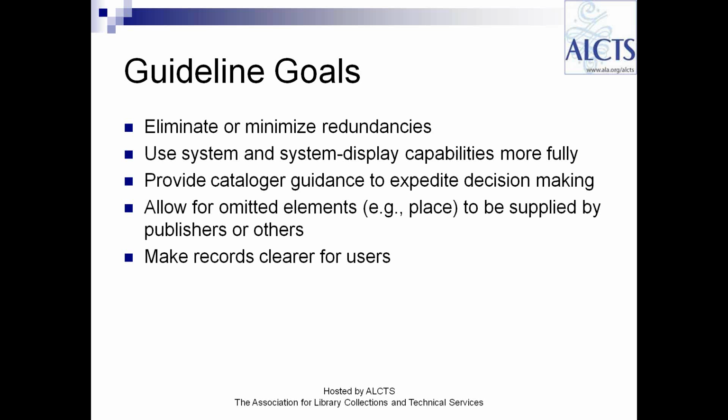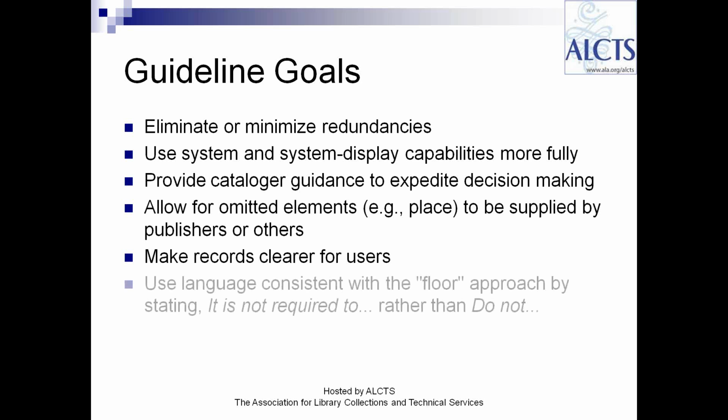One of our other guidelines in making decisions about the standard record was to make the record clearer and cleaner for users so that users can interpret the record easier. In creating the cataloging guidelines and giving instructions to catalogers, we made a point of saying it is not required to, rather than saying don't do this.